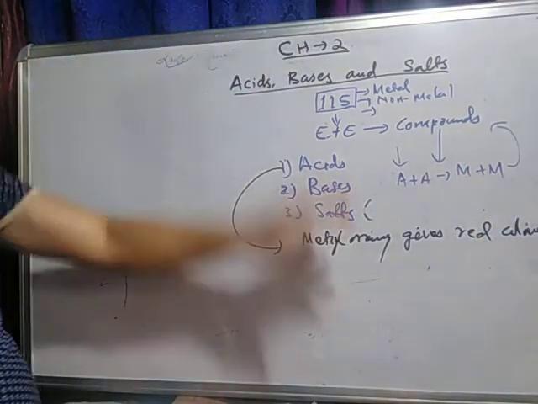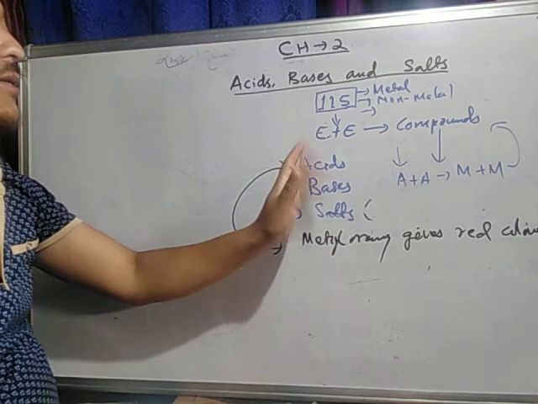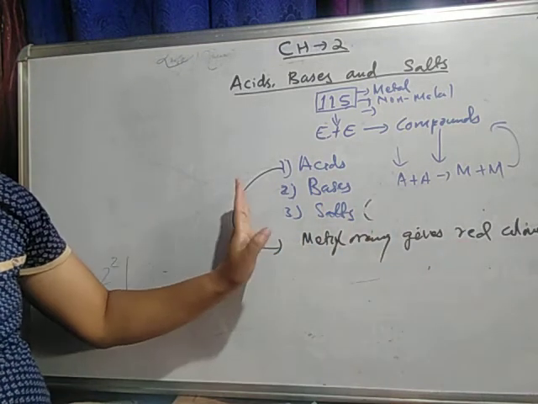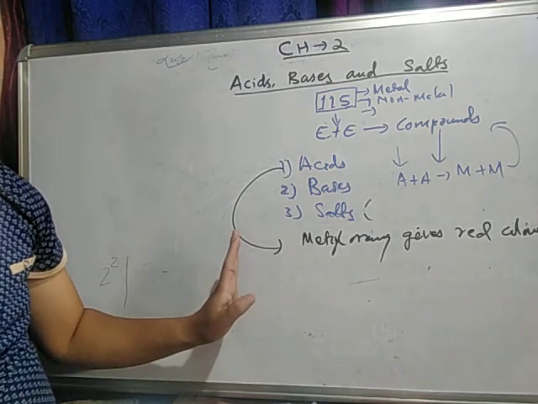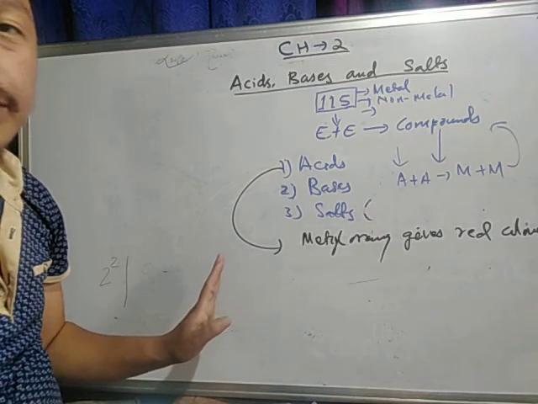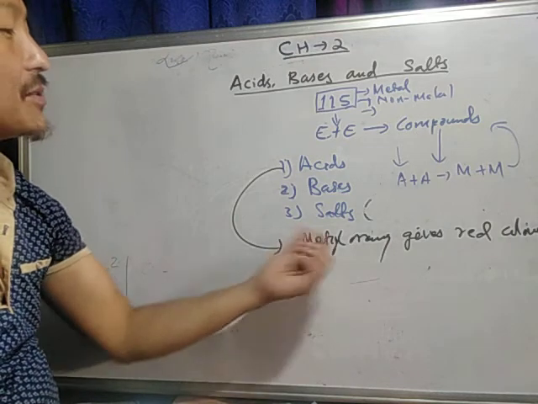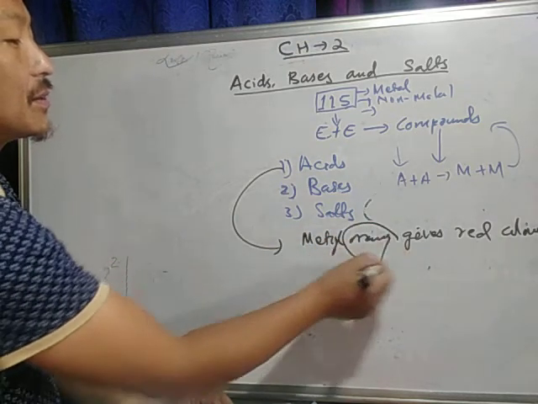If you put methyl orange in acid, it gives red color. What color is methyl orange? You know, isn't it? Methyl orange is orange color.